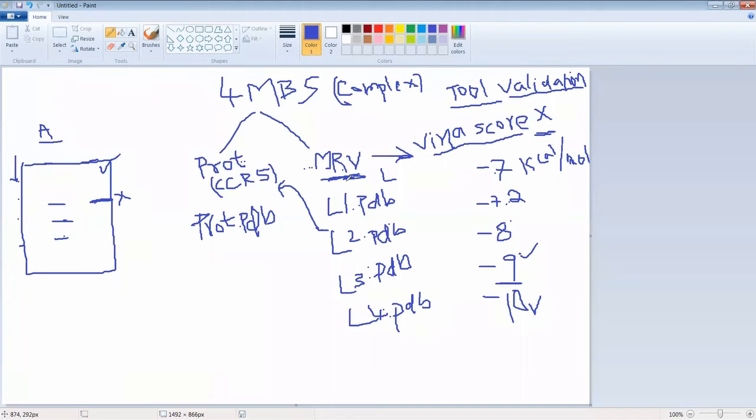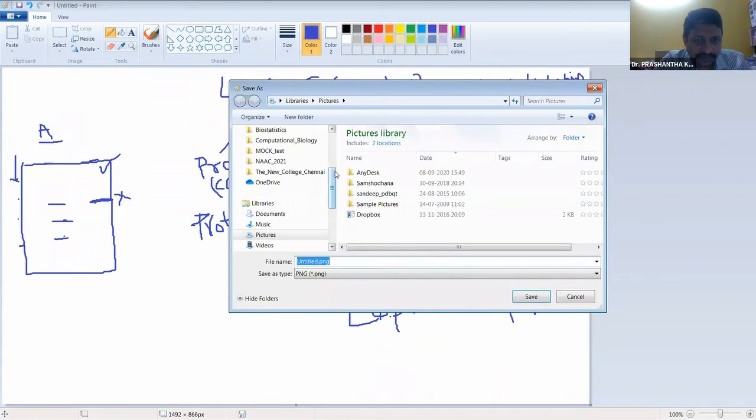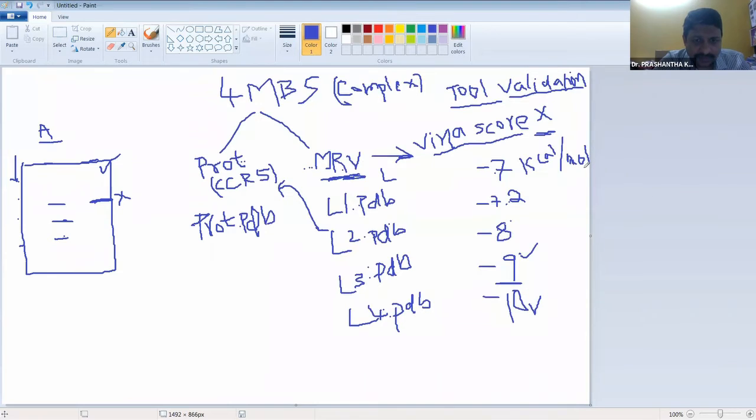Now, can you tell me how we can separate the MRV from the protein which is in this file? How can we separate the MRV from the protein?